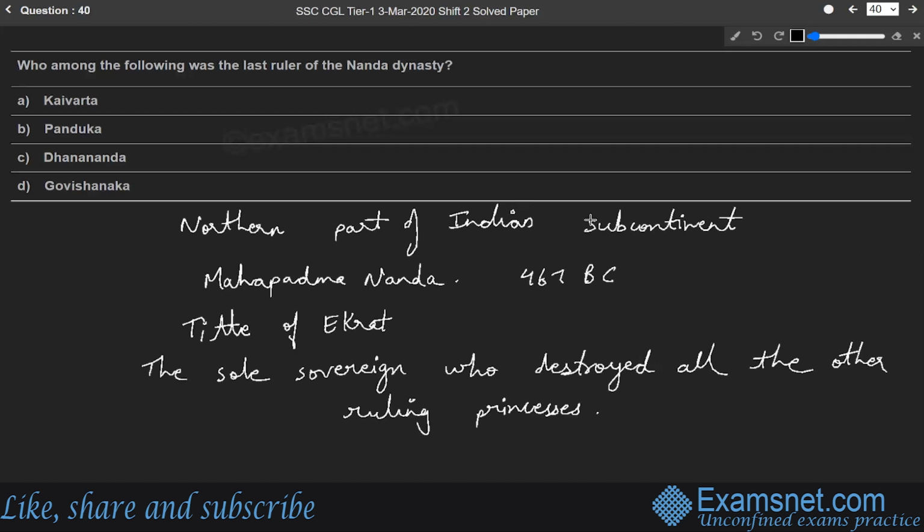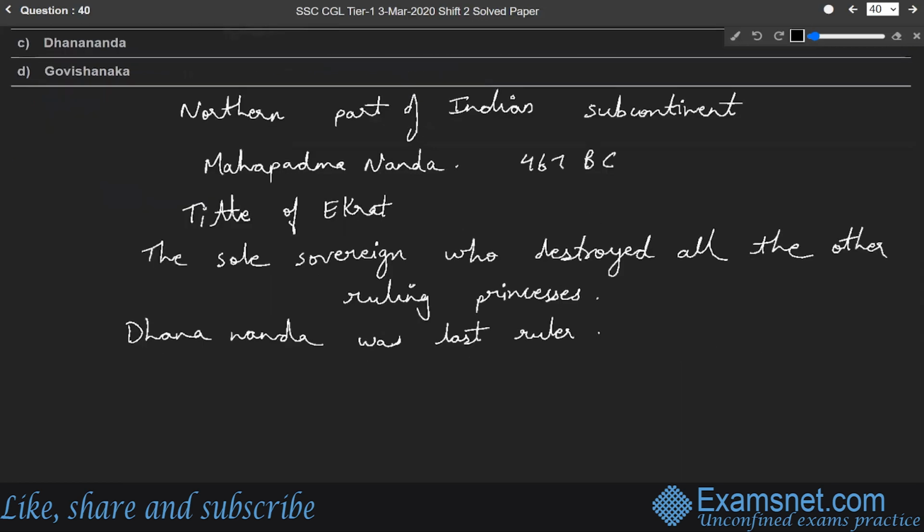Now talking about the last ruler here, Dhanananda was the last ruler of Nanda dynasty, and he was overthrown by Chandragupta Maurya.